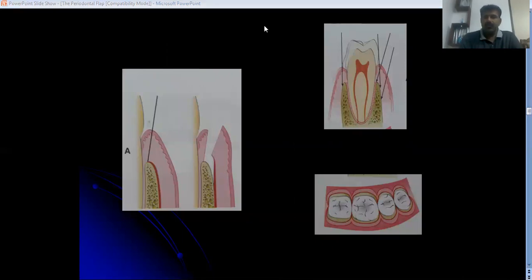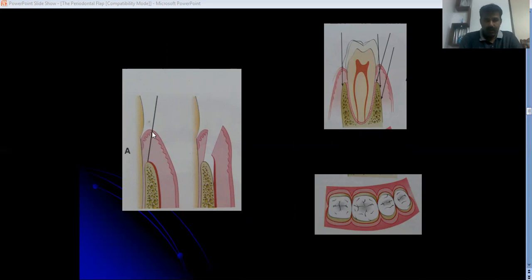Now, look at this. This is made from the crest of the gingiva to the crest of the bone, right? The gingival margin to the crest of the bone.